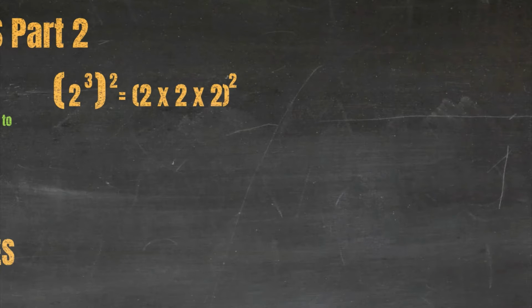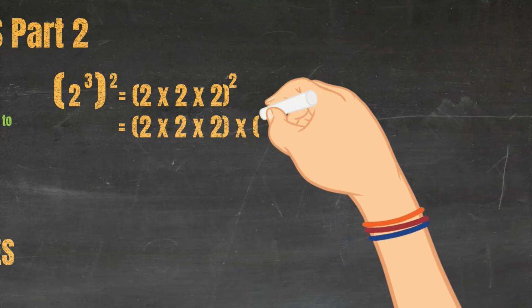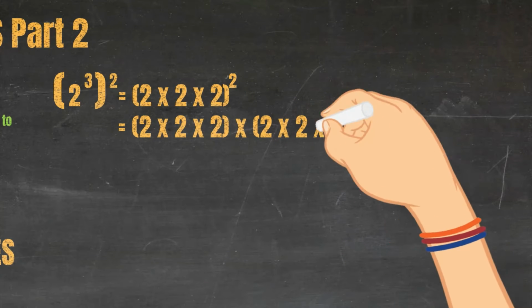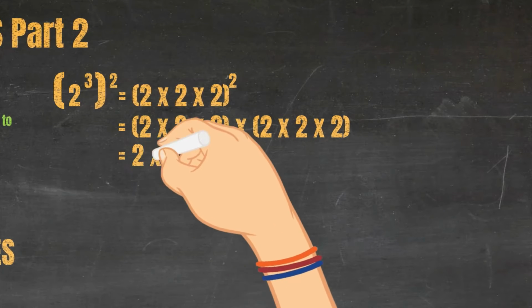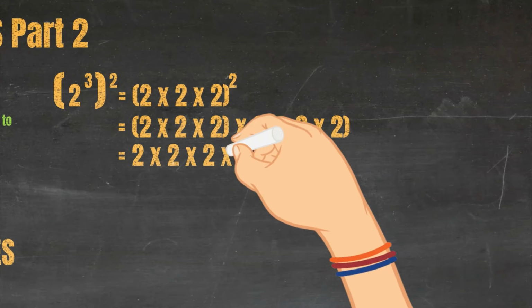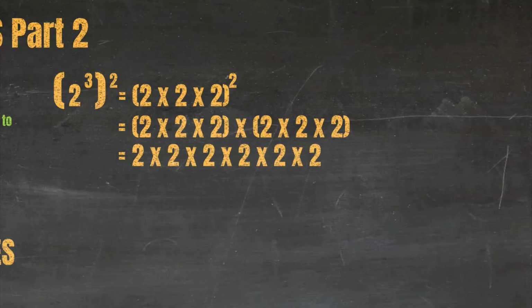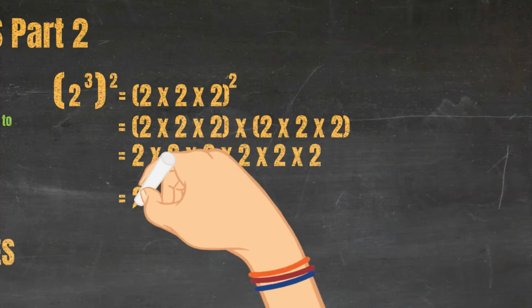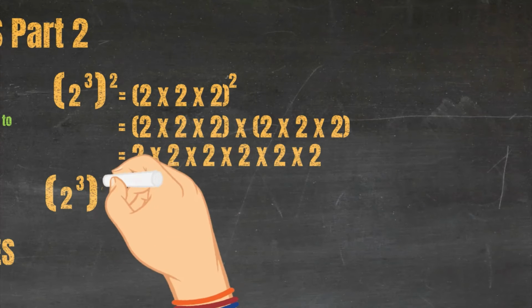The operation then becomes the quantity of 2 times 2 times 2 times the quantity of 2 times 2 times 2. Since multiplication is associative, we can actually remove the grouping symbols or the parentheses. The operation then becomes 2 times 2 times 2 times 2 times 2 times 2. 2 is now being multiplied by itself 6 times. And we know this is equivalent to 2 to the sixth power. 2 cubed squared is therefore equal to 2 to the sixth power.